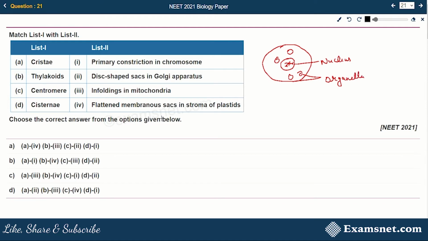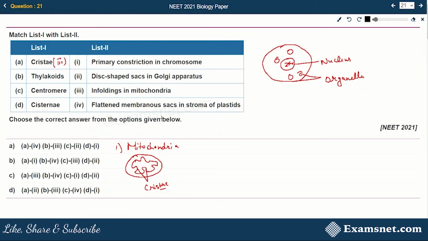So one of the important organelles of the cell is mitochondria, which is also known as the powerhouse of the cell. This mitochondria is a double membrane structure consisting of an outer membrane and an inner membrane which forms infoldings. So these infoldings are known as cristae. So the correct match for cristae will be infoldings in mitochondria.